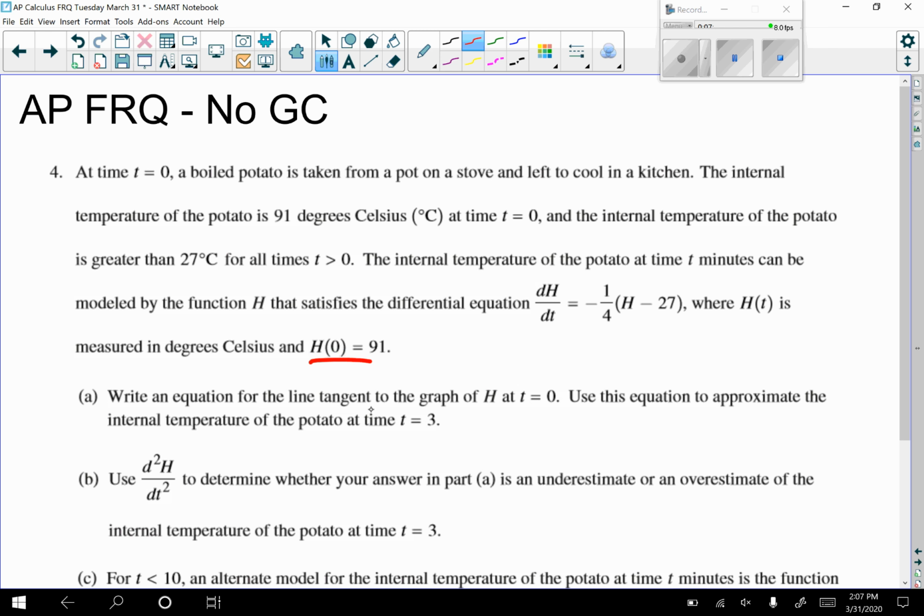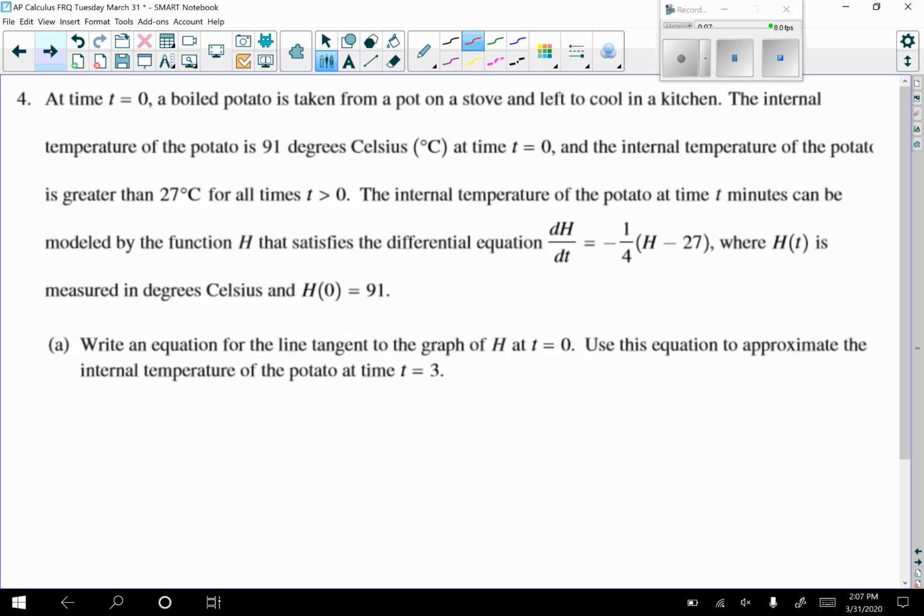So let's first take a look at part A. It says, write an equation for the line tangent to the graph of h at t equals 0. Use this equation to approximate the internal temp of the potato at time t equals 3. All right, so we need the slope of our tangent line. Well, notice right here, dh over dt, that is really h prime. That's the slope of our tangent line.